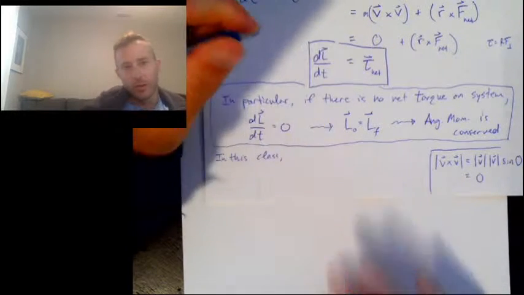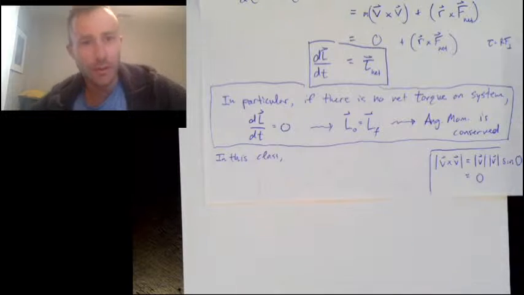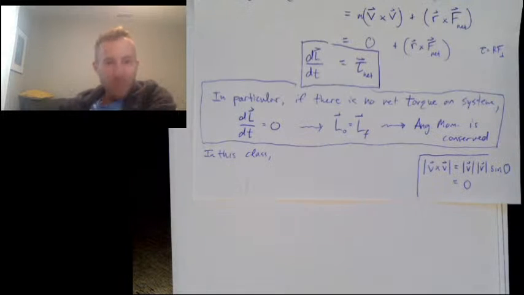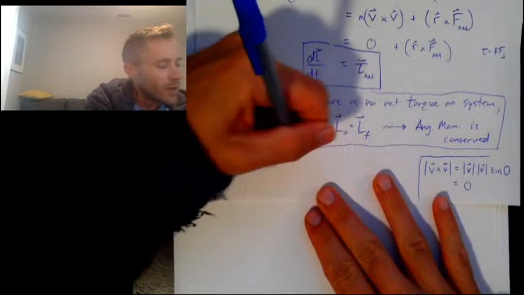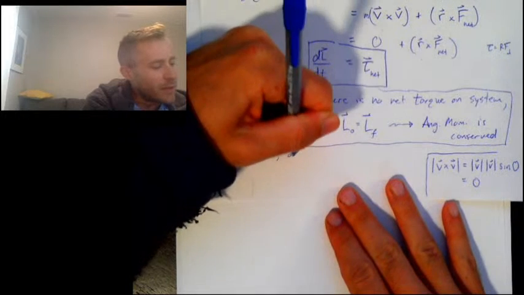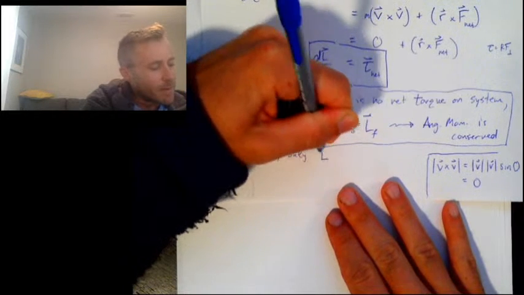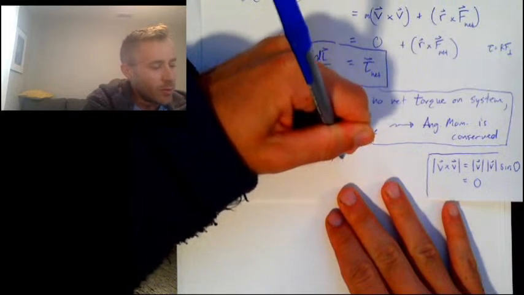if you take more advanced physics at the college level, then the vector nature of the angular momentum is important. But for this class, we will only need to work with the magnitude of the angular momentum. So the angular momentum isn't going to be changing directions. It's just going to be changing size. In this class, only the magnitude will be important.